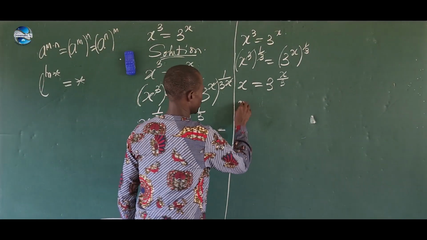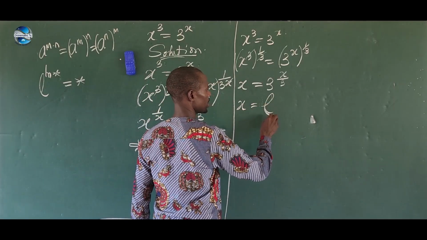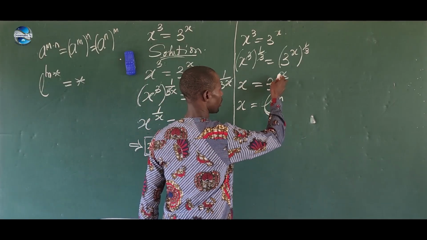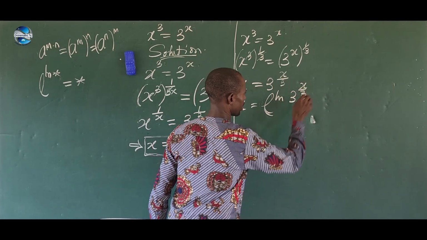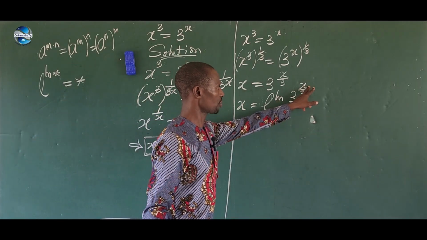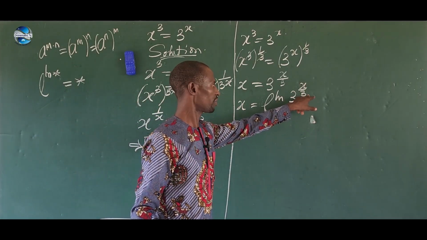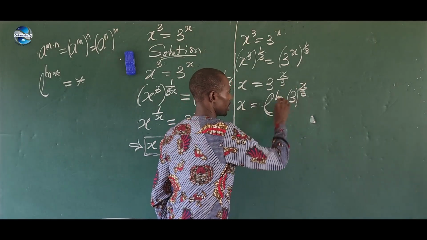All right, so this is going to give us x is equal to e raised to the ln of whatever we have here, 3 to the power of x all over 3. Let's put this in bracket.